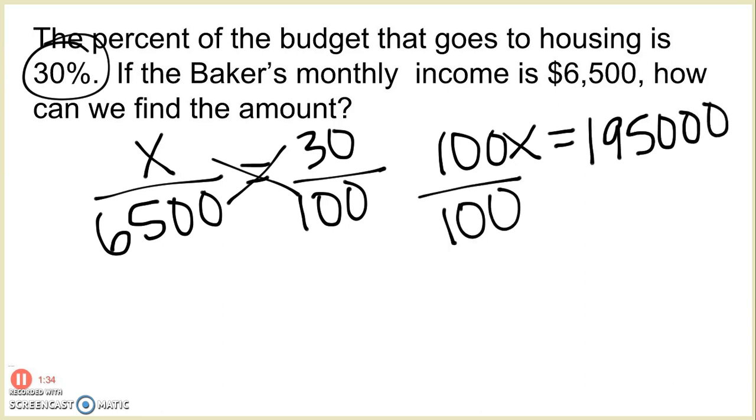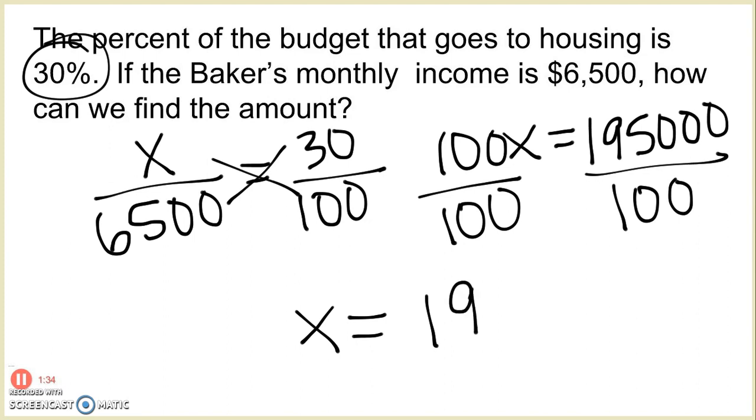Divide by 100 on both sides, and x is going to equal 1,950. So for the first blank, we should put that the amount of the budget that goes towards housing is $1,950.